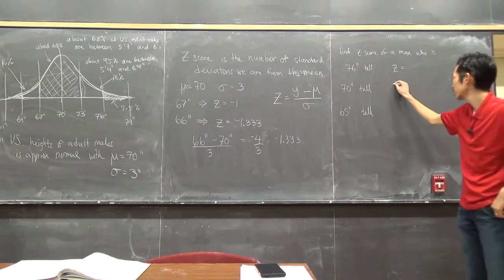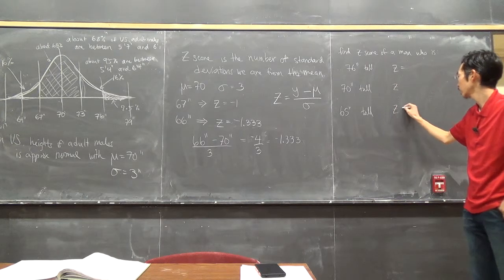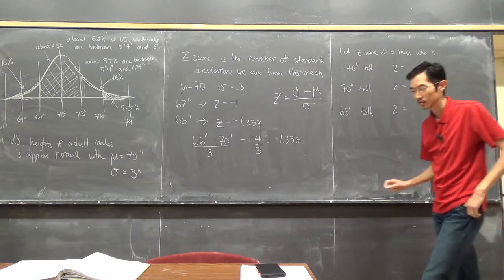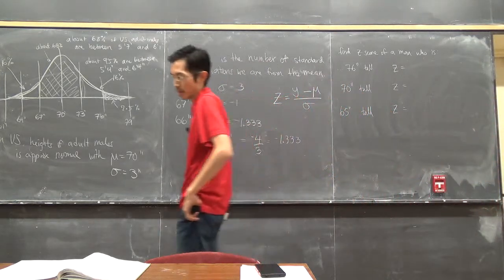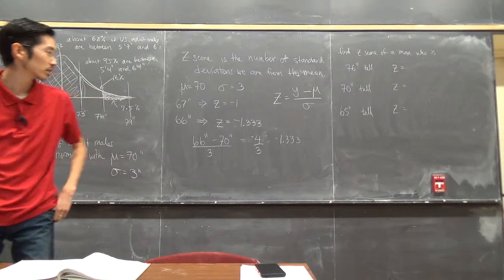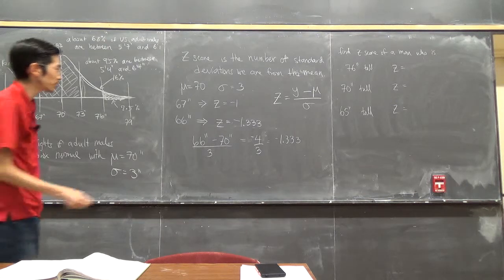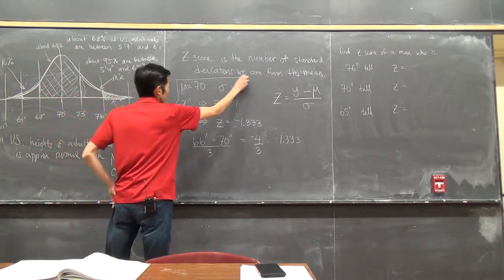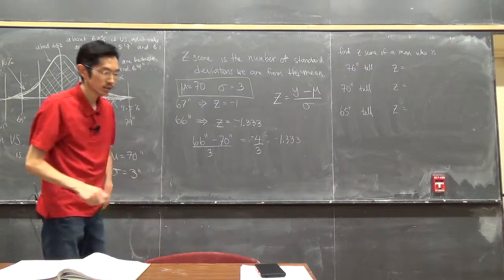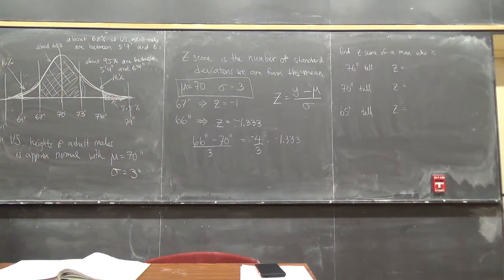Okay, so go ahead and find these z-scores. Again, keeping in mind that for the heights of men, the mean is 70 and the standard deviation is 3.